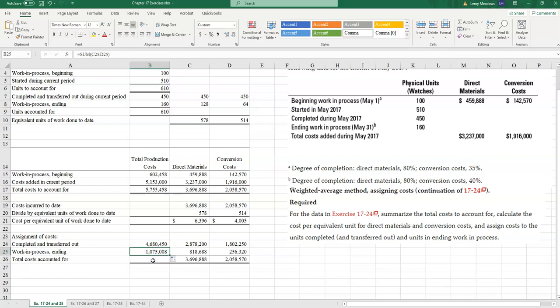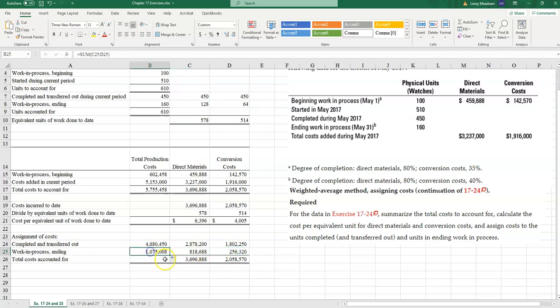Let's do the same thing for ending work in process inventory. What is the value on my balance sheet for my ending work in process inventory for this department? Well, it's going to be $1,075,008. How did I get that? Well, that cost of ending work in process inventory, remember, includes direct materials in ending work in process inventory plus the conversion costs associated with that.